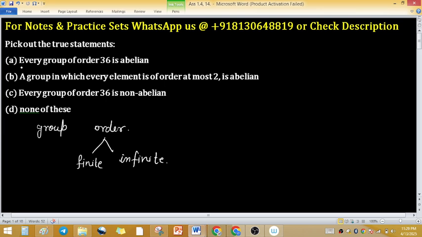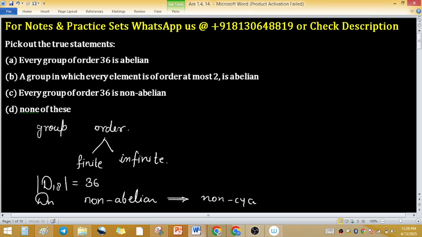So option A is saying every group of order 36 is abelian. For this we consider D18. The order of this group is 36, but this is not abelian. Dn in general is non-abelian, which implies non-cyclic, because we know that cyclicity implies commutativity.